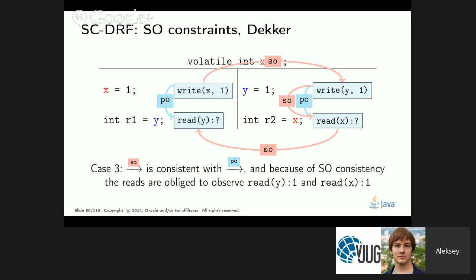Yes. And now we build a simple intuition from these rules. Notice that synchronization order consistency means that I have to read the latest write in this particular synchronization order. And because synchronization order is consistent with program order, that means I have to read the values that I've written in this thread, or some other thread if my synchronization order spans the thread boundary.